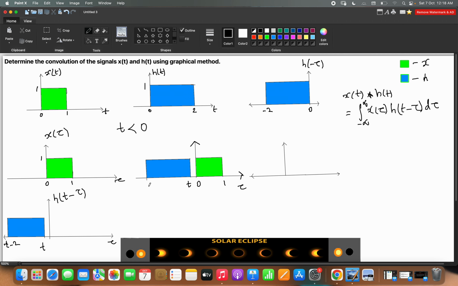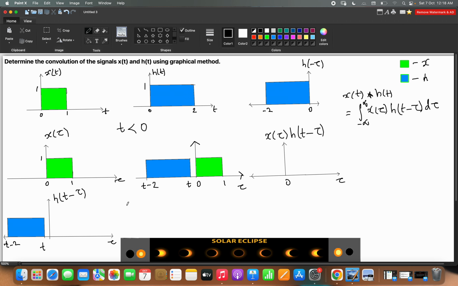So there is no overlapping region. So the product of x of tau and h of t minus tau equal to 0. This is nothing but the product of x of tau and h of t minus tau. So this product value is equal to 0. Why? Because we don't have any overlapping region.